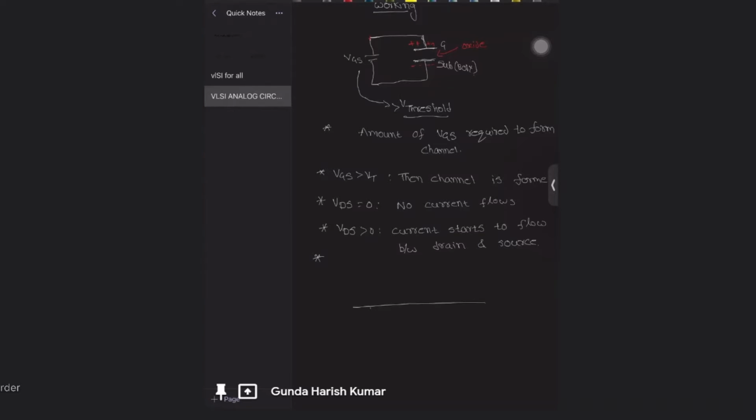Suppose I draw that again. This is the N type, this is the N type, and this is the substrate. Here you have the source, here you have the drain. Here you have the gate and an oxide in between them.